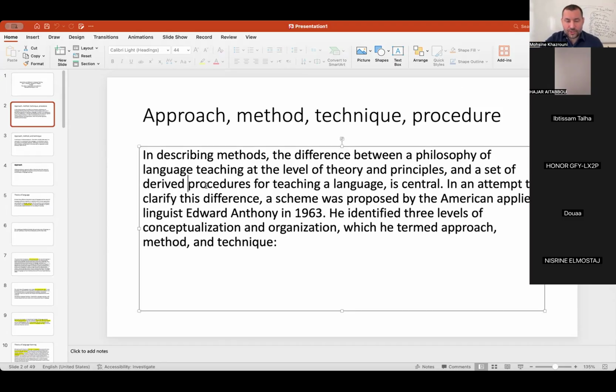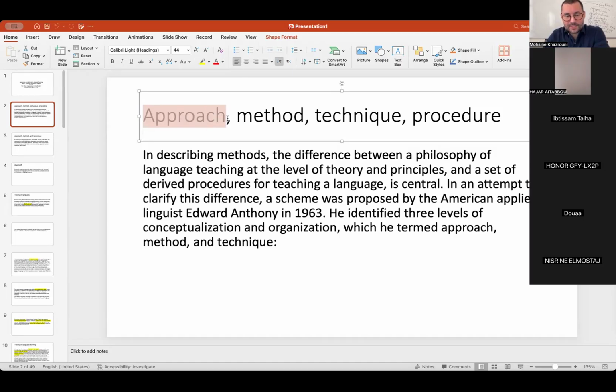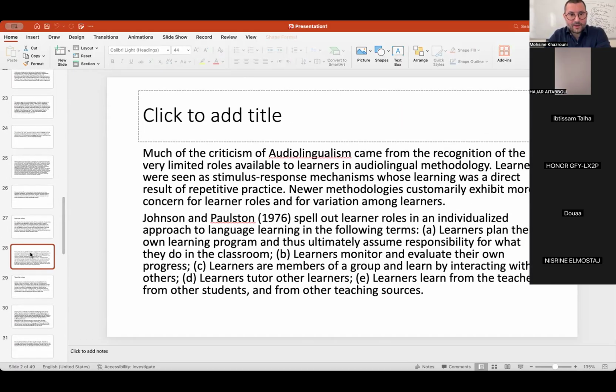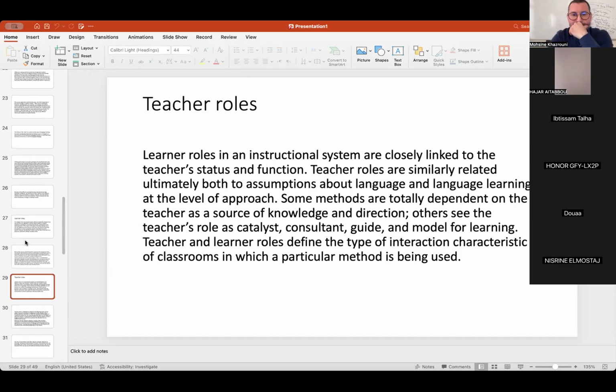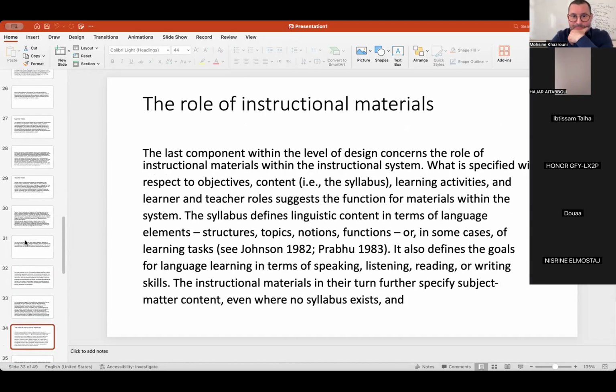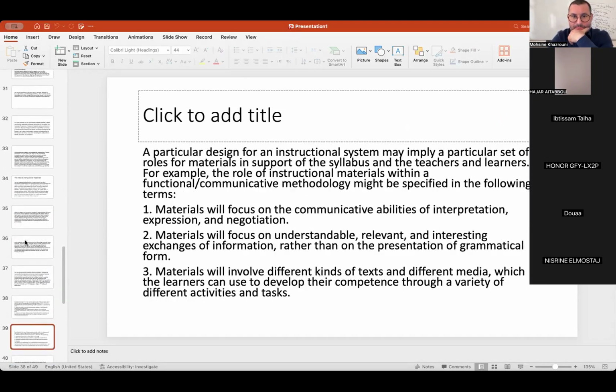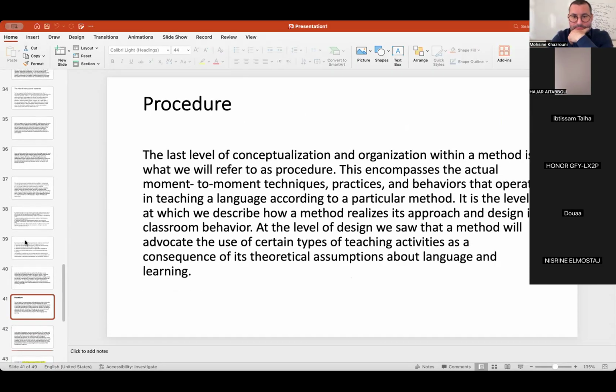What is a procedure? Did I talk about a procedure? So we have talked about an approach. Nisreen, can you see the slide? We have talked about a method. Now a procedure. Yes, I can see the slide. All right. So let me talk a little bit about a procedure. What is a procedure?